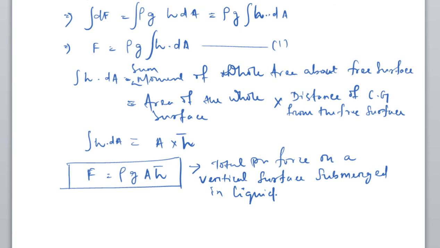This is the total pressure force which is acting on the surface at the center of gravity. So this is the expression for it. Hope you all have understood this very well.